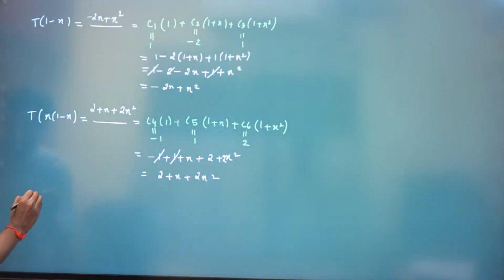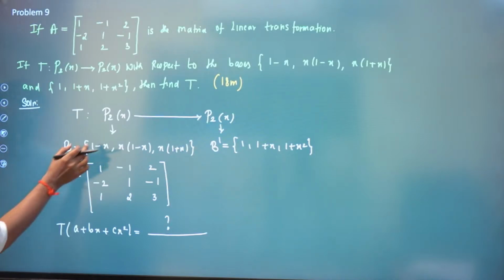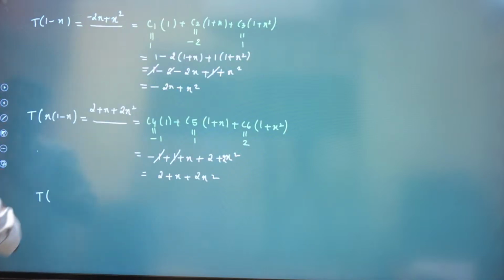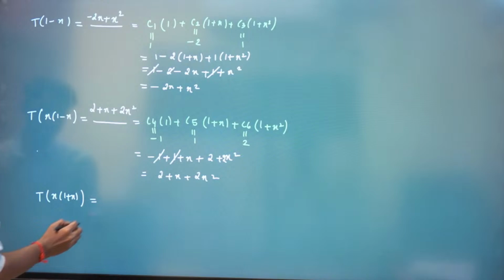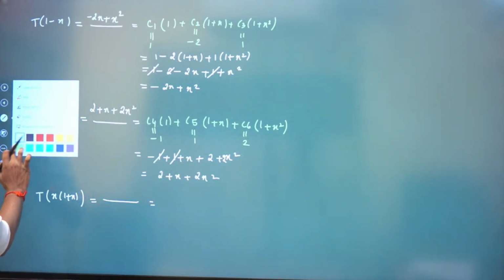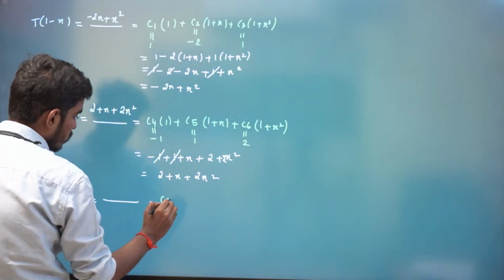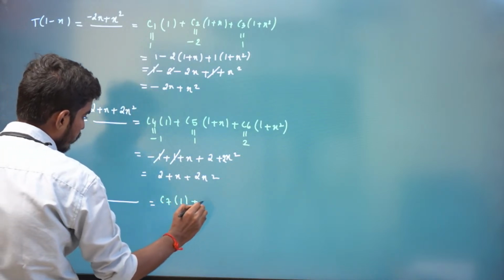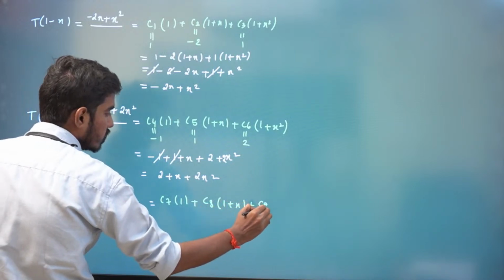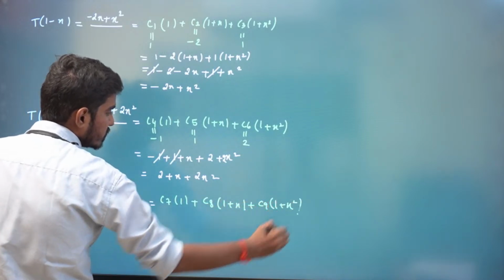Now we will see where the next vector maps to. The next vector is x into 1 plus x. We don't know what this is, but this can be written as a linear combination of C7 times 1, C8 times 1 plus x, C9 times 1 plus x square.